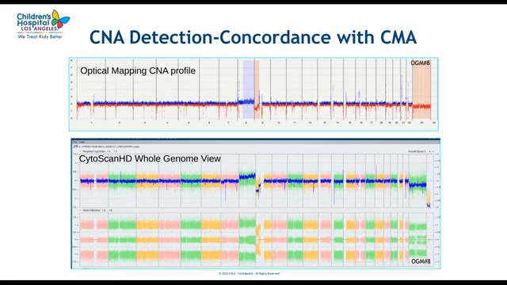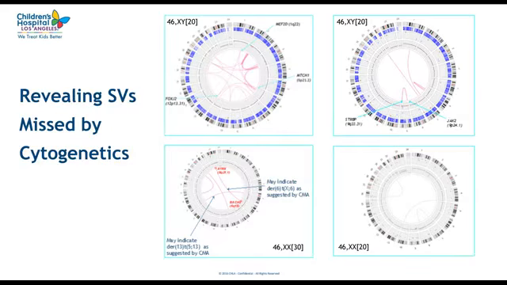So optical genome mapping allows you to get genome-wide copy number assessment, and that's very comparable to what you would get from chromosomal microarrays. As I mentioned earlier, in almost all our cases, optical genome mapping showed structural variants that we did not pick up by karyotype analysis.